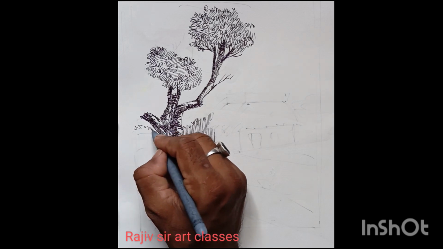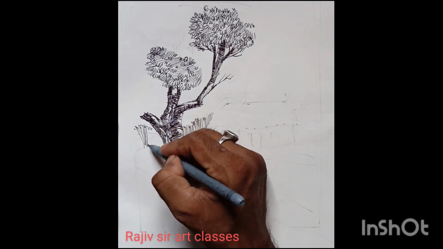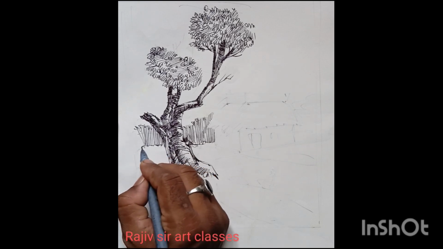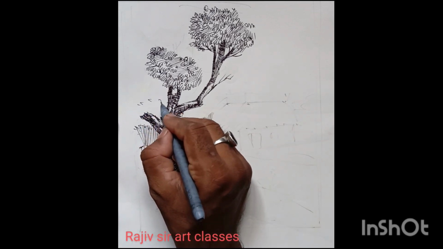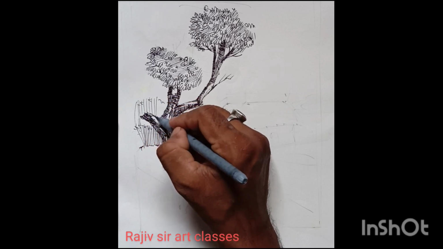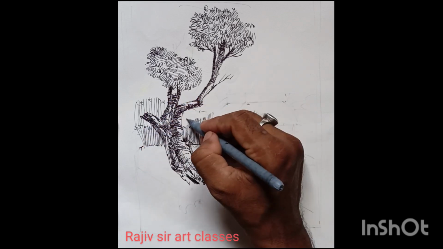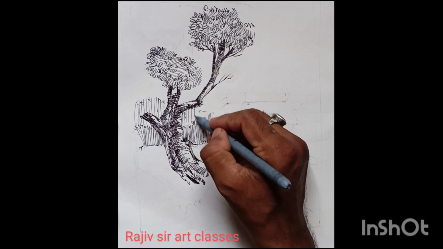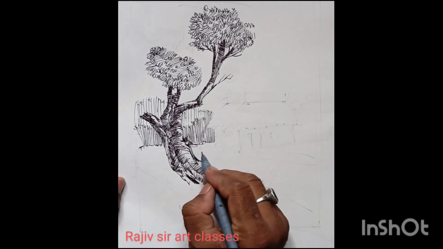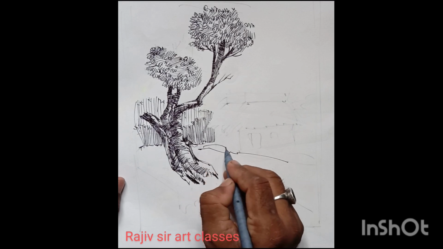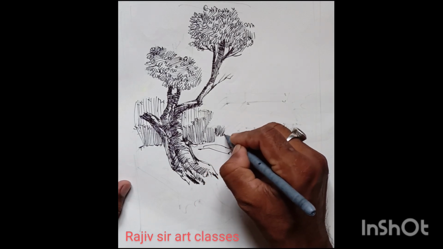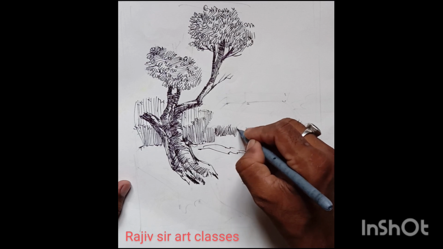These are just light shades at the background of the tree. See how I have kept the space between two lines so as to give the effect of lightness of the shade. When you want a darker value of the color, you decrease the white in the middle of two lines.